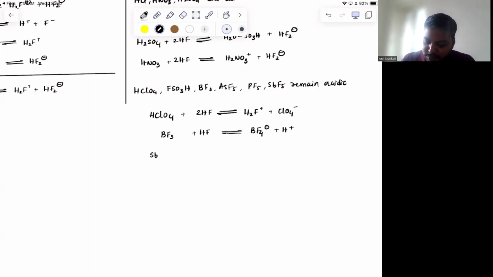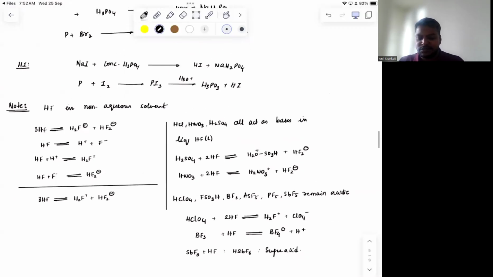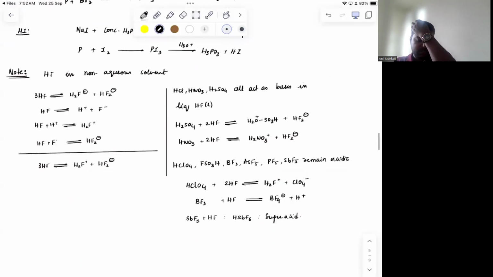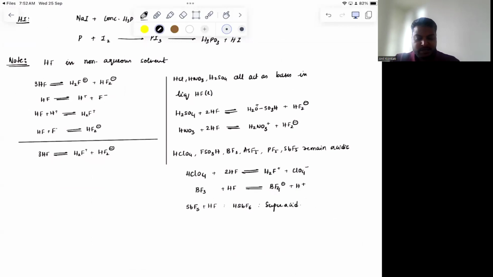In fact, SbF5 plus HF is extremely acidic, that is H+SbF6-. This is called a superacid, extremely acidic. Done, guys. So keep this in mind: in case HF is a pure solvent, which things will act like bases and which will act like acids.